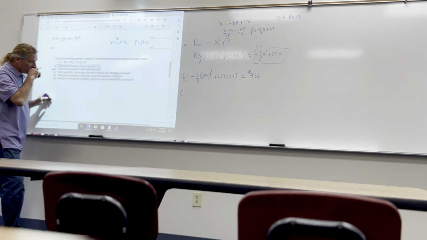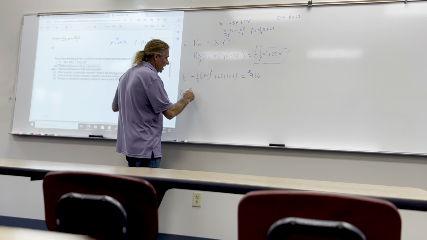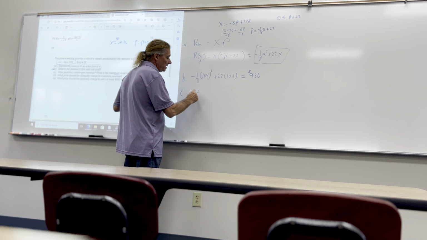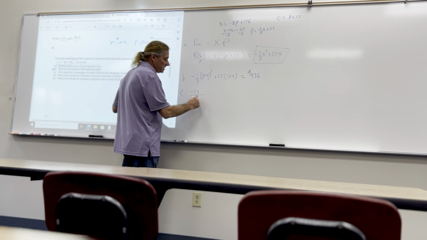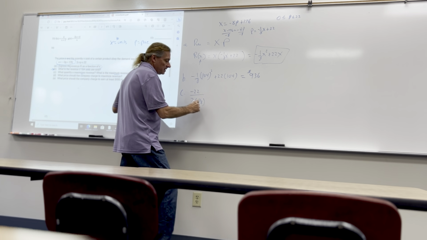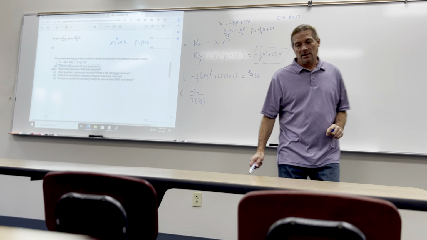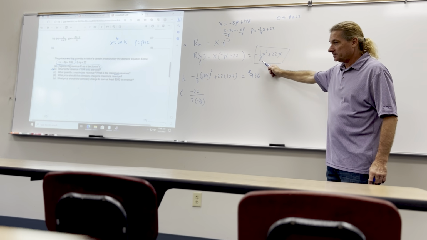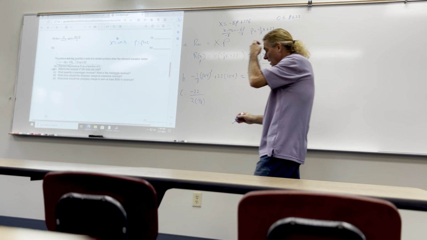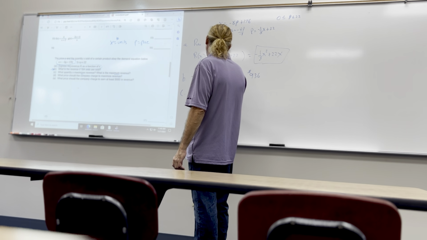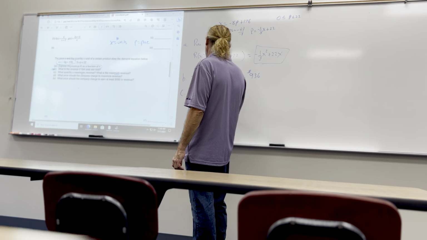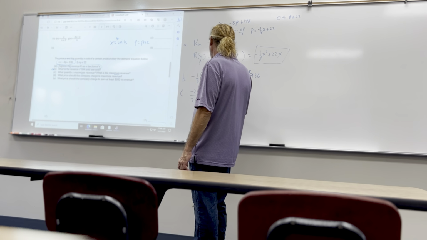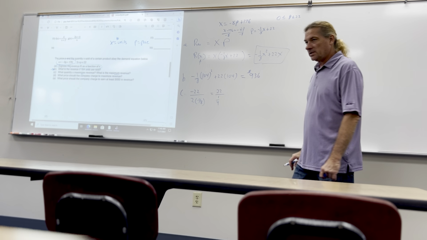So let's calculate it. Minus B over 2A would be minus 22 divided by 2 times negative 1/8. Take a look at what I did. Minus B divided by twice A. The negatives will cancel. This becomes 22 divided by 2/8, otherwise known as 1/4. Is everybody okay with that?